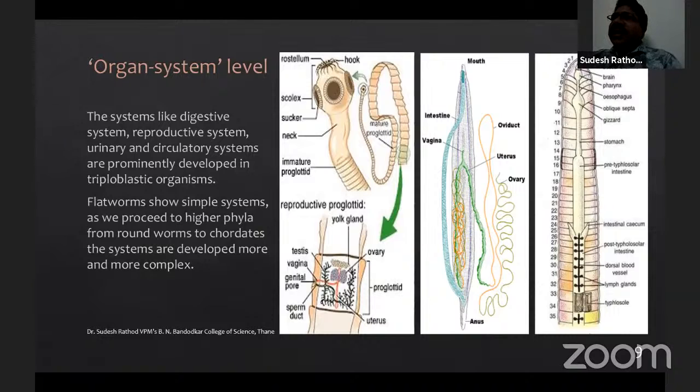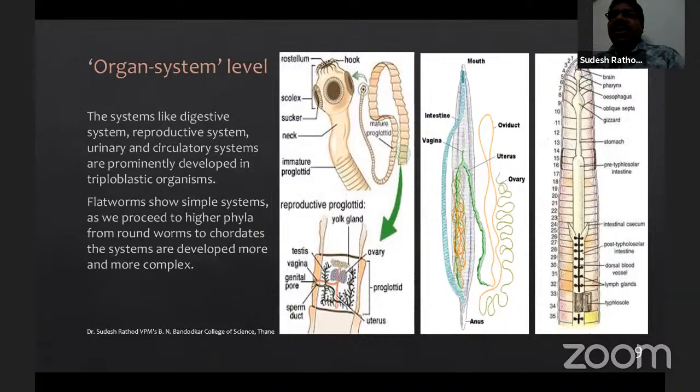If I talk about a higher phylum, that is Annelida, represented by the earthworm. On your right-hand side, the diagram is of an earthworm, which shows an entirely complete digestive system, and this shows a variety of organs coming together forming a digestive system. The middle figure, showing both a digestive and reproductive system, is Ascaris, a roundworm.